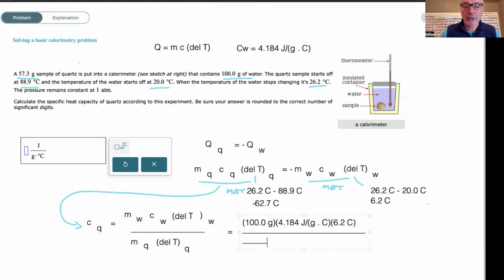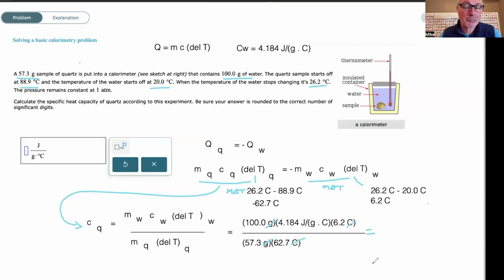There's less quartz in terms of mass there. The delta T of the quartz was negative 62.7, but remember, the signs canceled, so 62.7 degrees C. And if we look at what units survive, it's the units of heat capacity, because grams cancel and degrees C cancel.